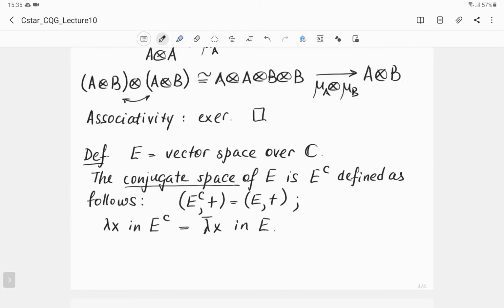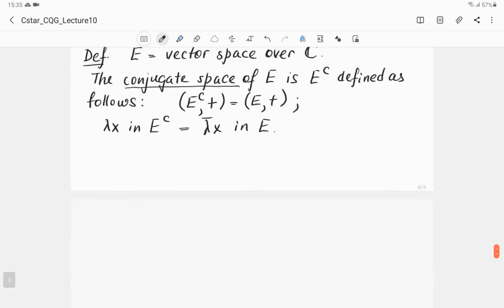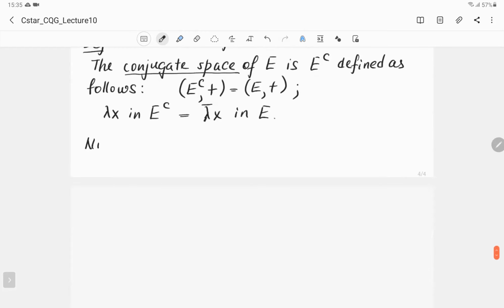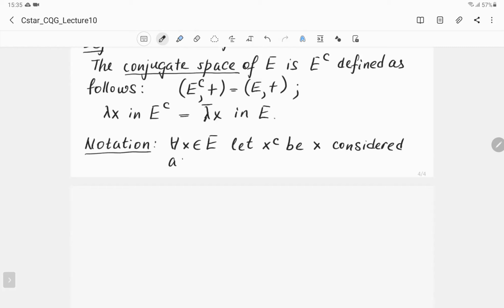To work with the space, let's introduce some more notation. For each element x in E, we denote by xc the same element x considered as an element of the conjugate space, as an element of EC.